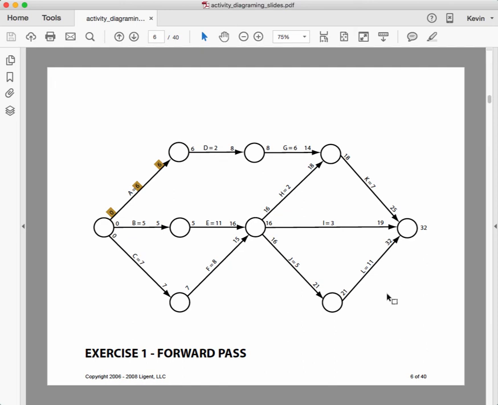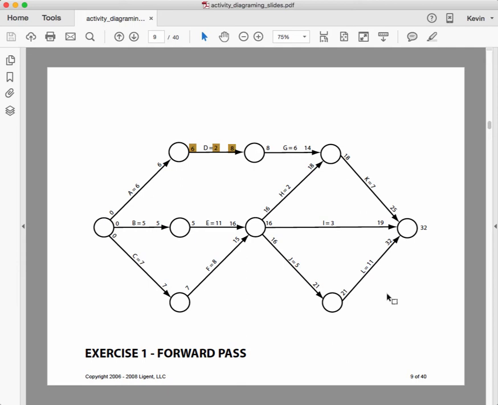So that's the reason why we have a 0 at the beginning of the arrow for A and a 6 at the end. And then for B, the duration is 5, so the early finish is 5. And then for C, we have a duration of 7, so we have an early finish of 7.